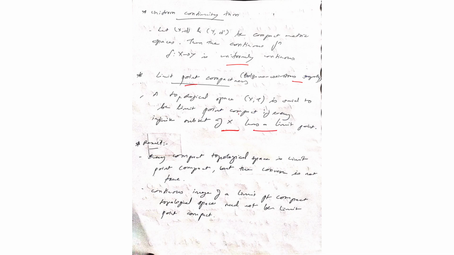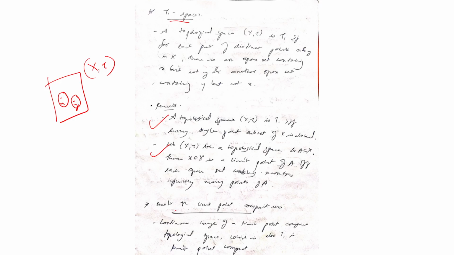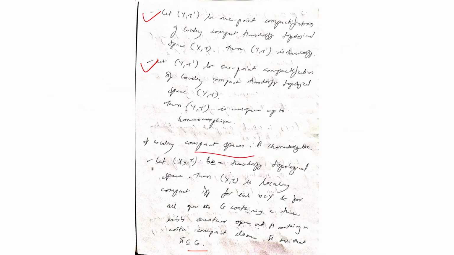The definition of limit point compact, so the results like every compact topological space is limit point compact, but the converse is not true. Okay, so you may find examples or counterexamples to show that the converse is not true, that every limit point compact space is not necessarily compact. Okay, and continuous image of a limit point compact topological space need not be limit point compact. So here is one example that we have seen.